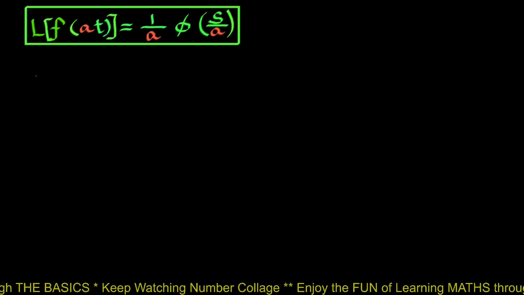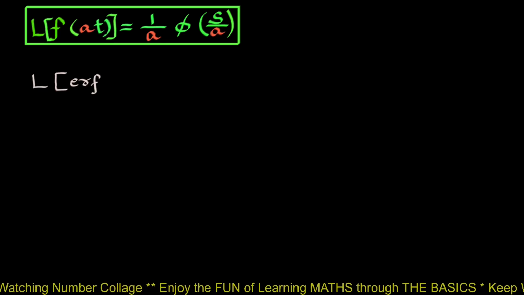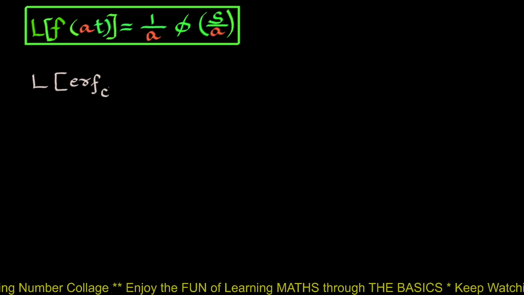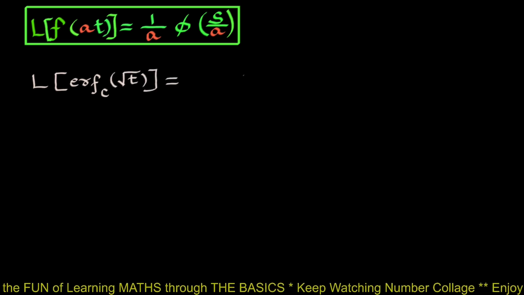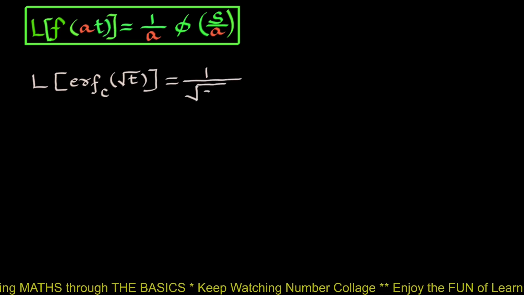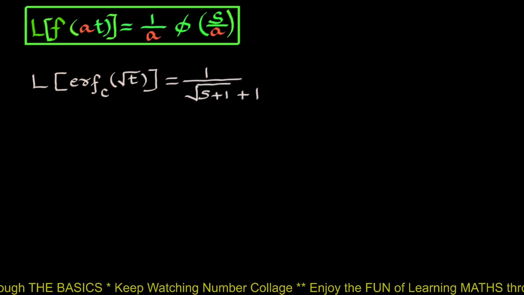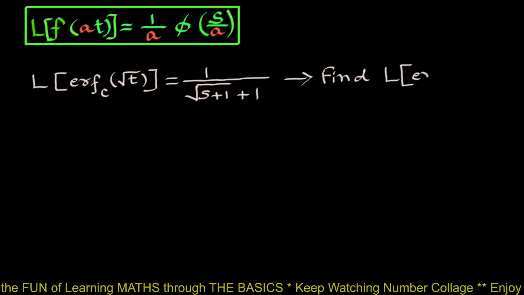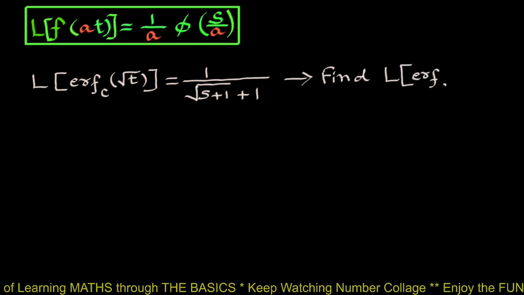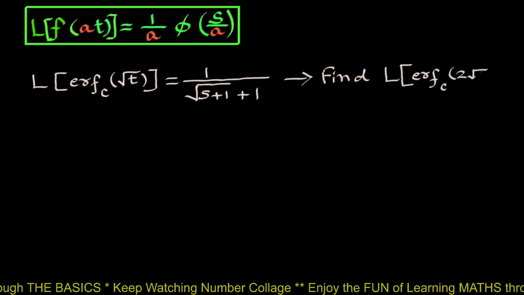A similar problem: Laplace transform of ERF complementary, that is complementary error function root t, is 1 upon square root of s plus 1 plus 1. We have to find Laplace transform of complementary error function ERFc of 2 square root of t.